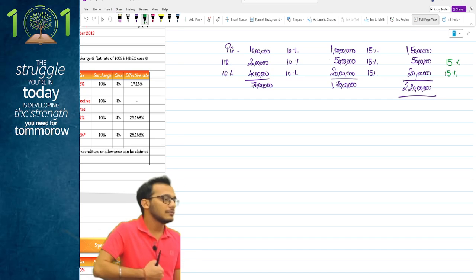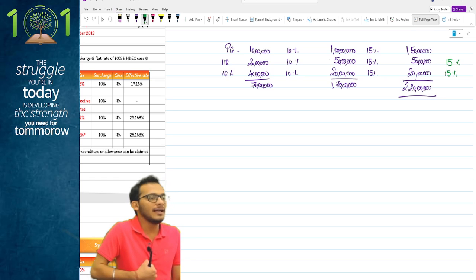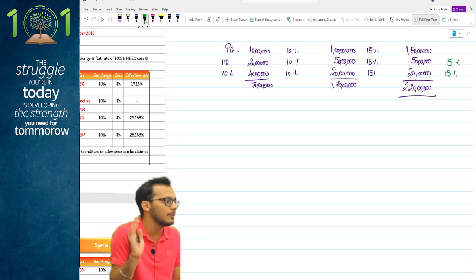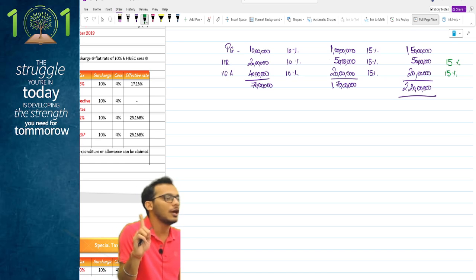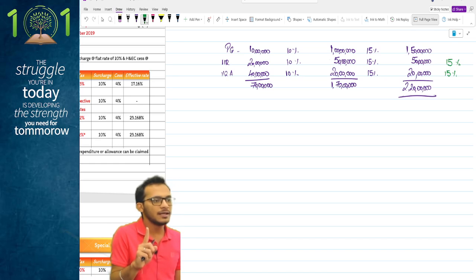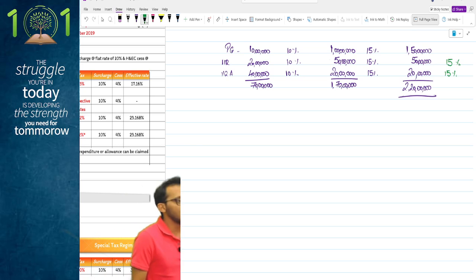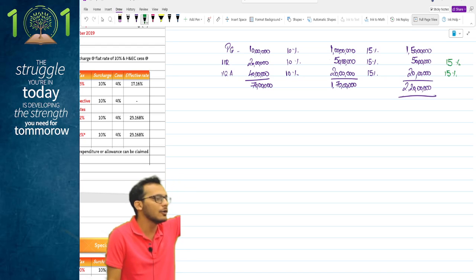As an investor, when I went to Nirmala ma'am, I came and told her, ma'am, I don't want 25 and 37 because that is my enhanced surcharge. Why is it causing me problems? And Nirmala ma'am promised me that she will not let the special incomes cause a problem for my taxes. Now, because of that special income, my income is causing a problem because you are asking me to pay 25. Am I okay to pay 25?